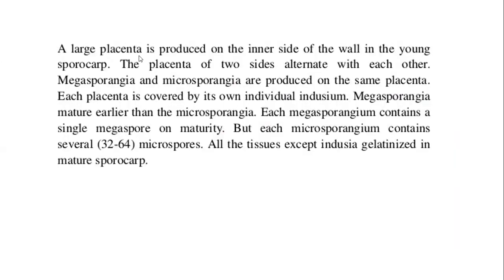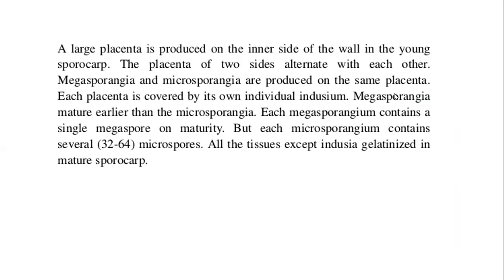There is a large placenta which is produced at the inner side of the young sporocarp. The placentae of the two sides alternate with each other. Megasporangium and microsporangium are produced on the same placenta, and this placenta is covered by the indusium. That is, each sorus is covered by its individual outer wall layer, which we call the indusium.